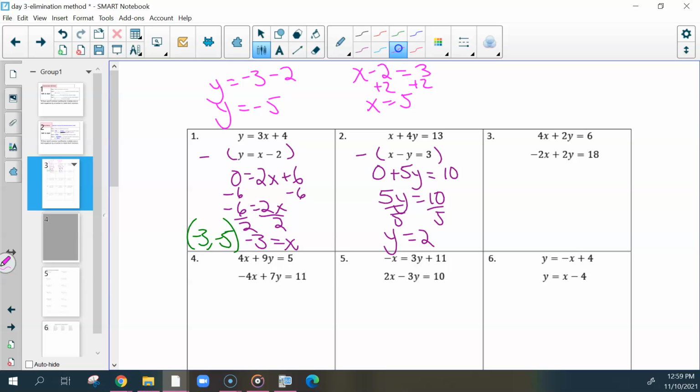Be careful with these ones where you solve for y first and then x, because your ordered pair still needs to be x, y, and not the other way around. Do you have any questions on that one?